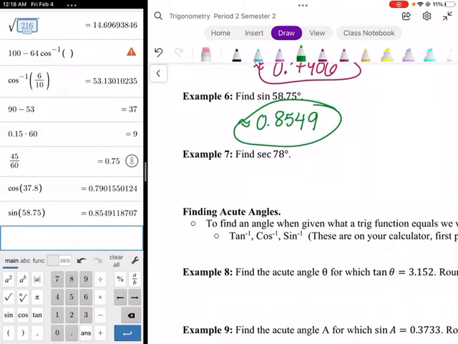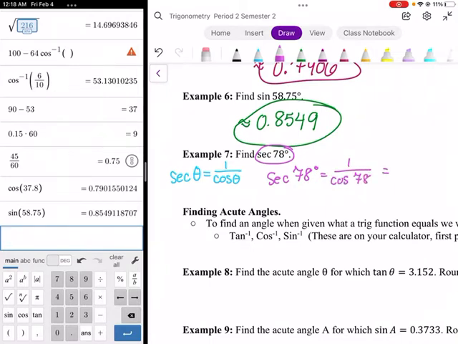Now, looking at your calculator, you're not going to have a key that says secant. But we do know that secant of theta equals 1 over cosine theta. So if we have the secant of 78, that is going to be equal to 1 over cosine of 78.